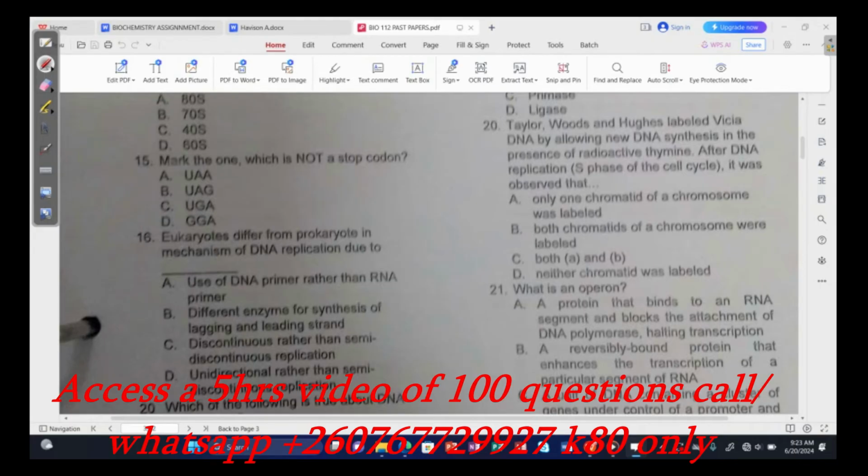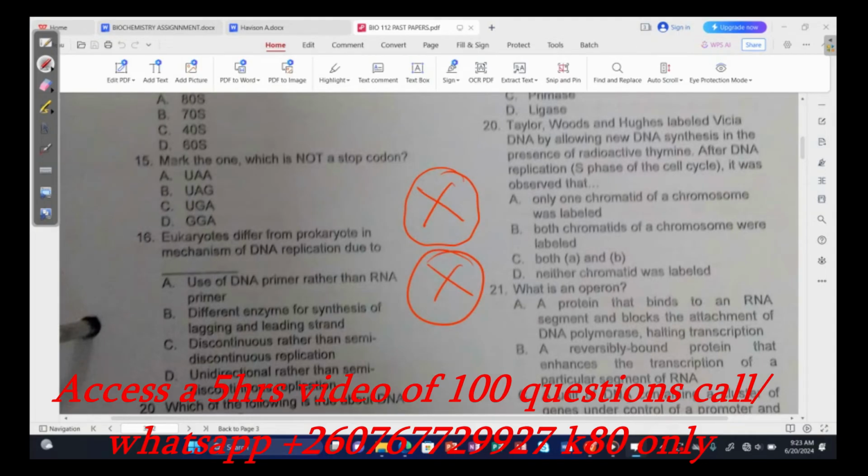So they confirmed that the findings of Meselson and Stahl, that DNA replication is semi-conservative, were truly correct. It's because if DNA replication was not semi-conservative, what they would have found was that the entire chromosome had radioactive thymine, or none at all.